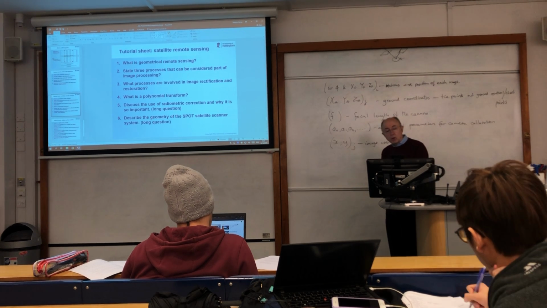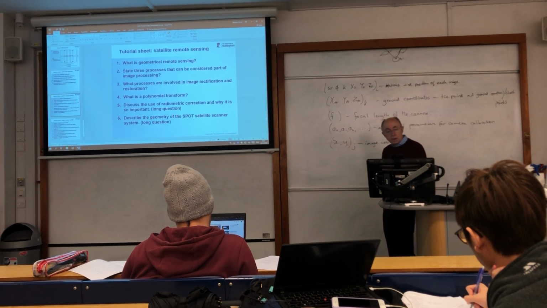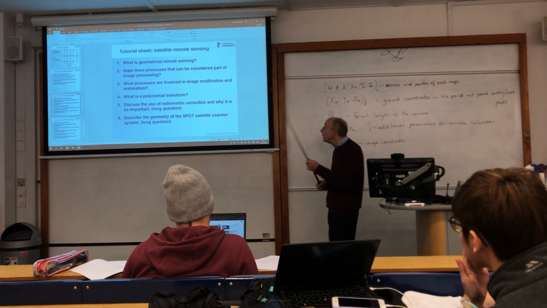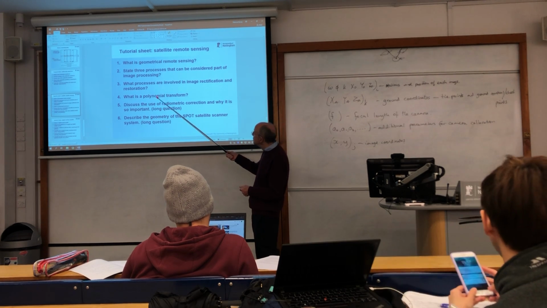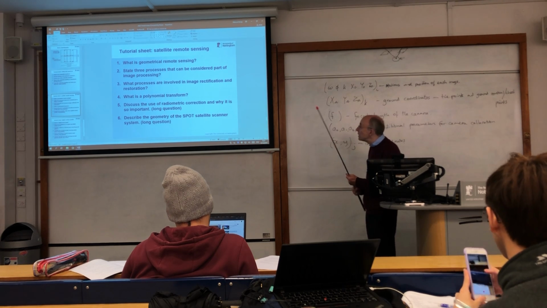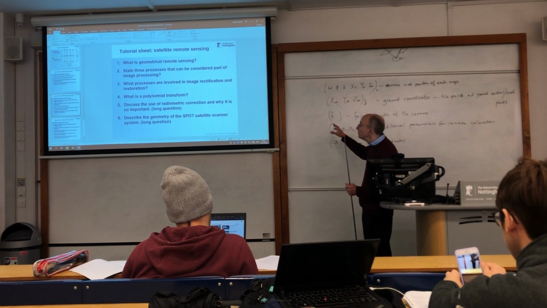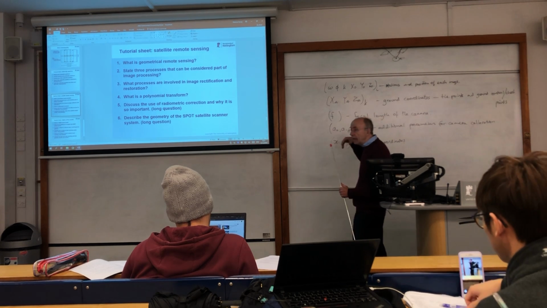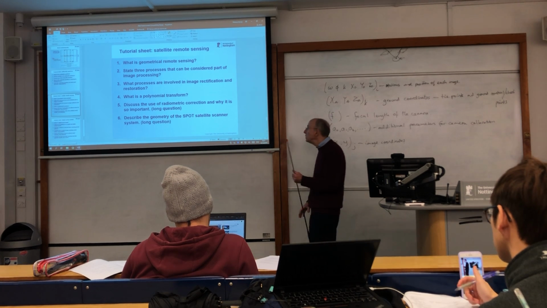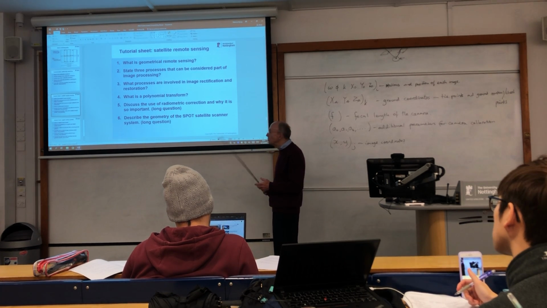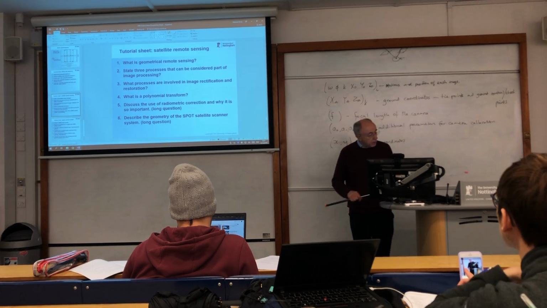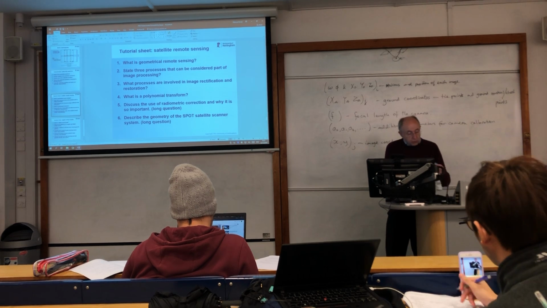What processes are involved in image rectification and restoration? That question and the one after it are almost giving you the answer. The processes involved in image rectification are that we need some ground control points, and then we need a transformation, and the transformation that is normally used is a polynomial transformation. And the polynomial transformation, if you remember, provides you with a form of rubber mat.